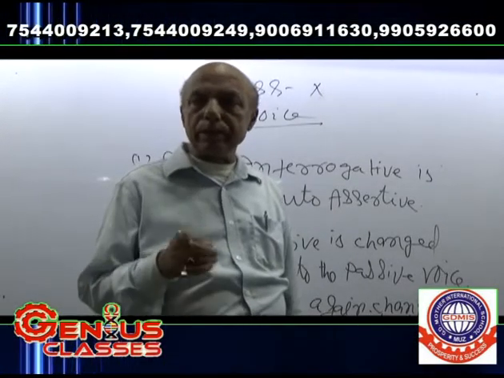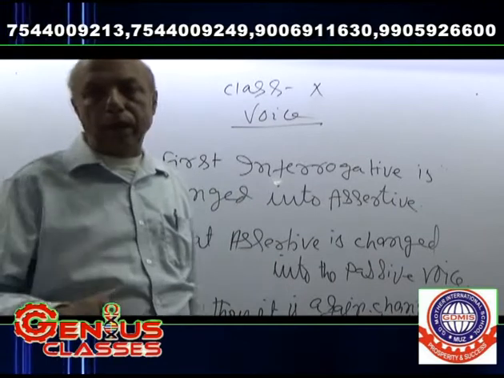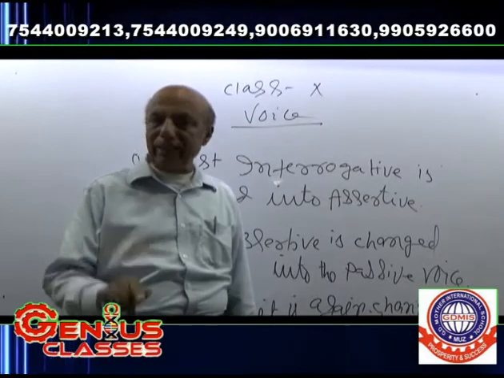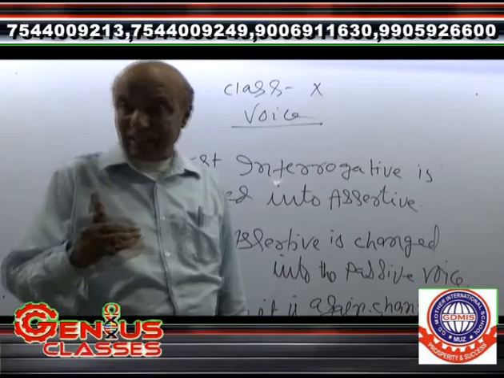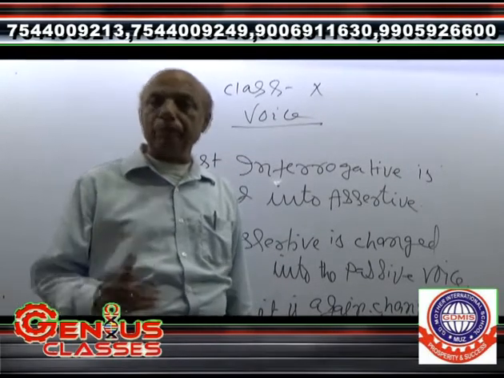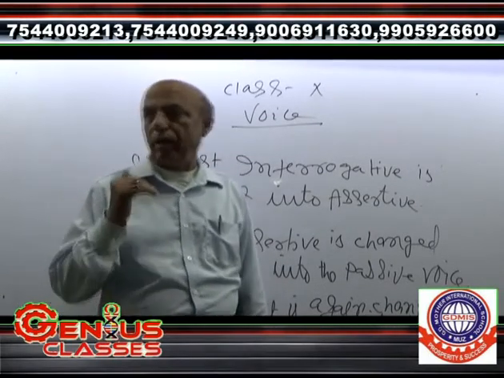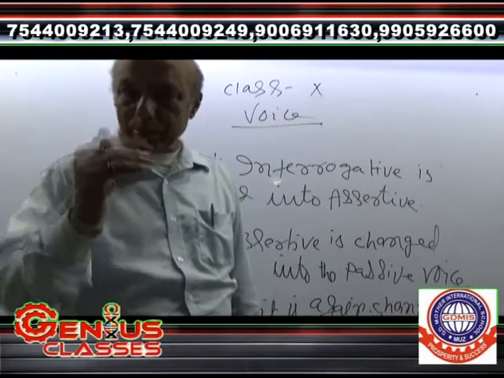That assertive is changed into the passive voice, and again that passive voice is changed into interrogative. There, by applying these rules, it is changed from active into passive of interrogative sentences.